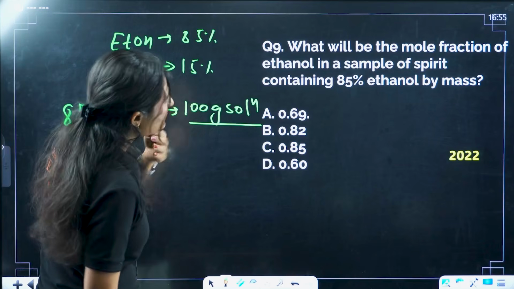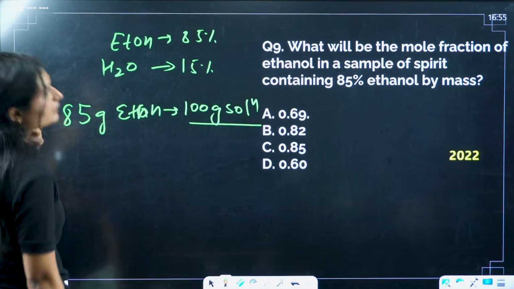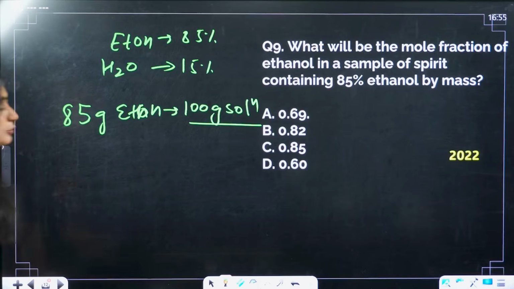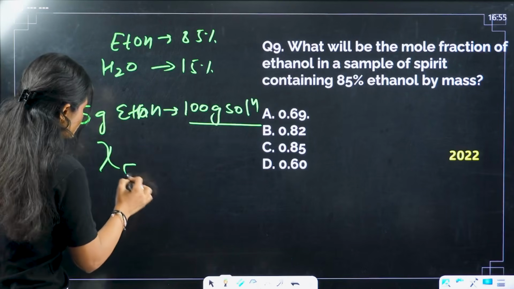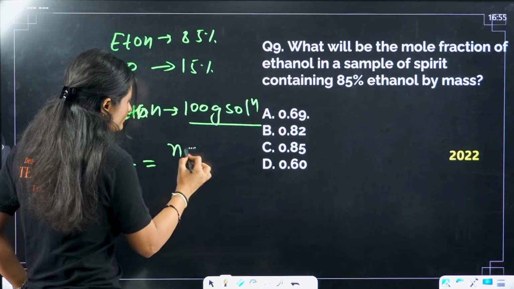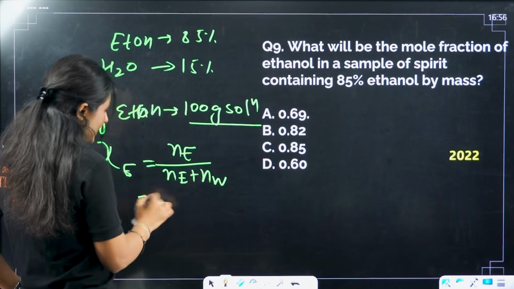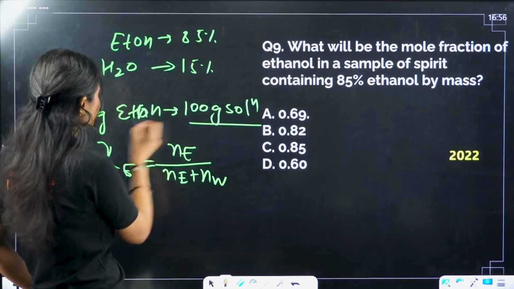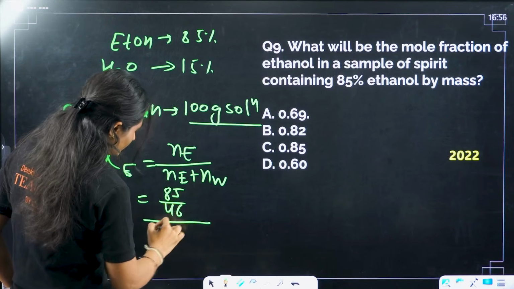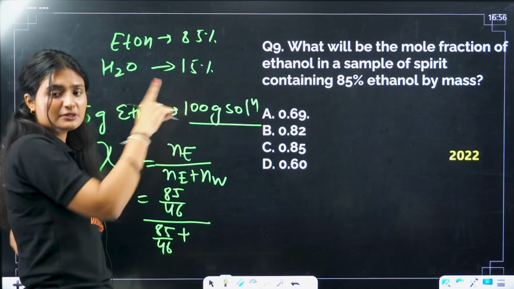Now let's see what data we have here. We need to find the mole fraction. What is mole fraction? Mole fraction of ethanol is equal to the number of moles of ethanol by total moles, that is, moles of ethanol plus moles of water. 85% means 85 gram, so 85 by the molecular mass of ethanol, 46, upon 85 by 46 plus 15 gram of water.